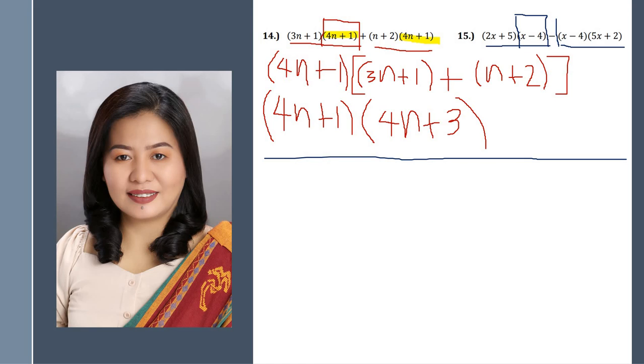It's better to highlight, so we'll be highlighting x minus 4 and x minus 4. Okay, so we write x minus 4 once.